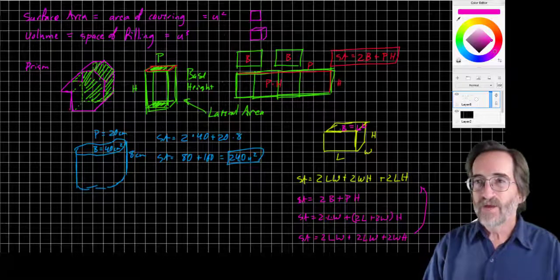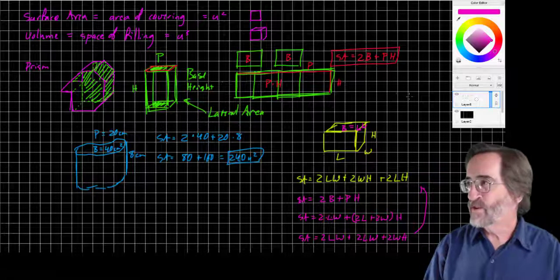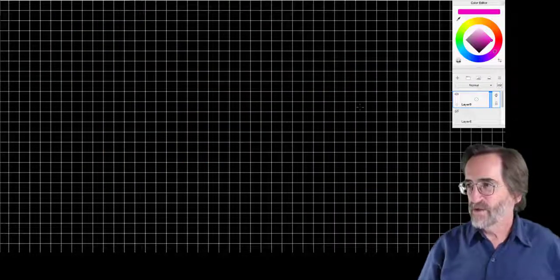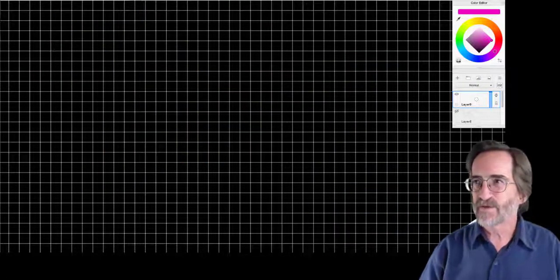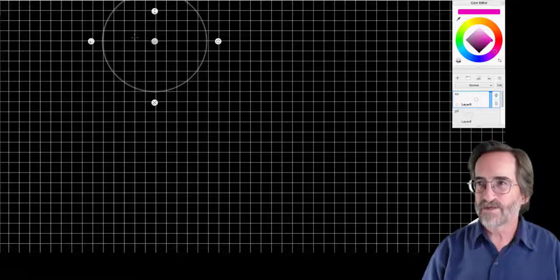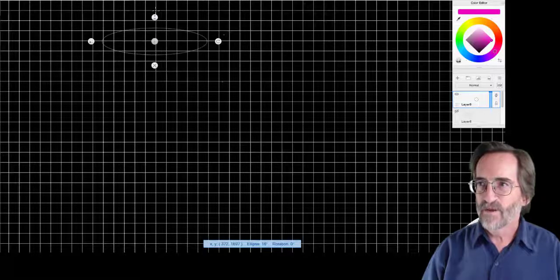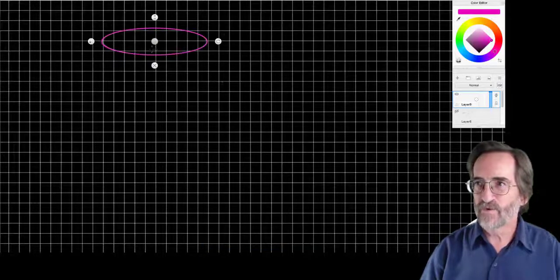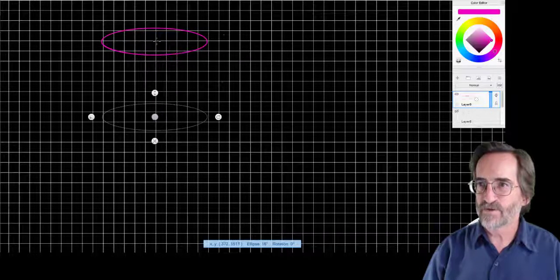Okay? And then this lesson is also going to talk about a cylinder. A cylinder basically is like a prism, only it has a circular top and bottom. So let's define our cylinder this way.